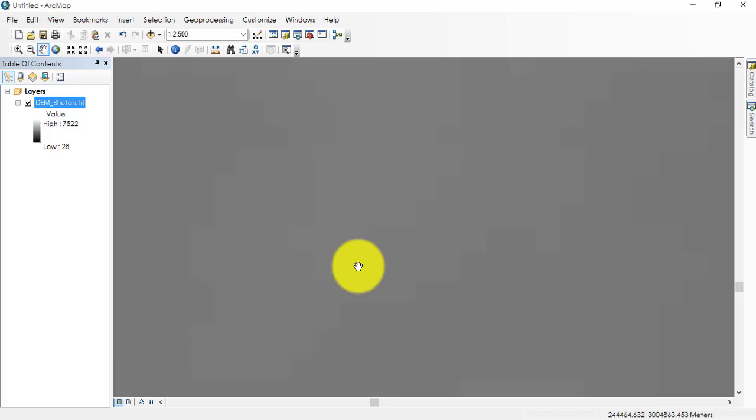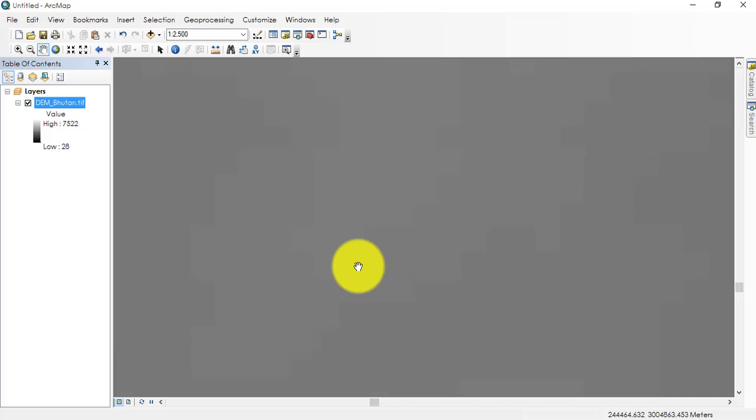So just know about raster that it is represented by pixels, and each pixel or each cell represents only one value. Raster is basically a file made up of pixels or square sized cells, but it is not necessary that it has to be square; it can also be in rectangle format.